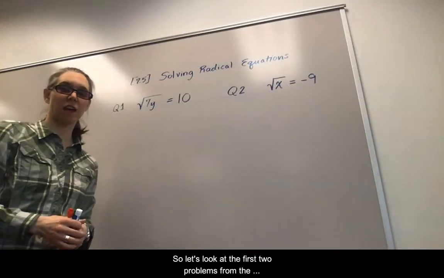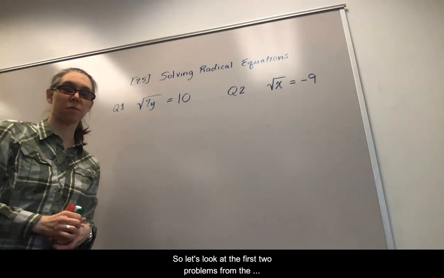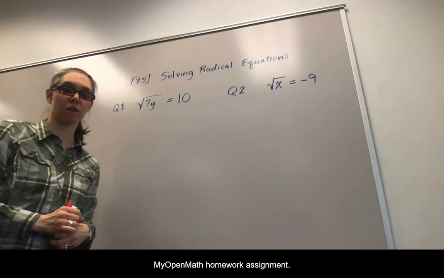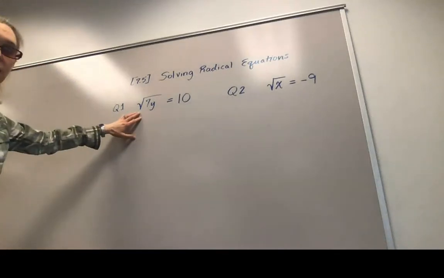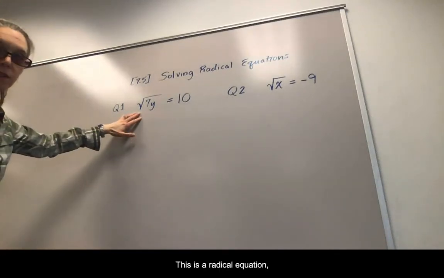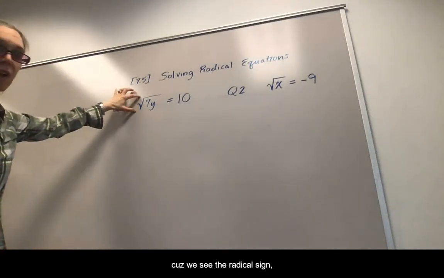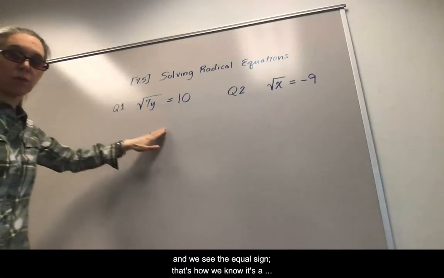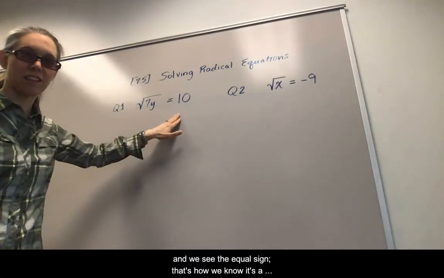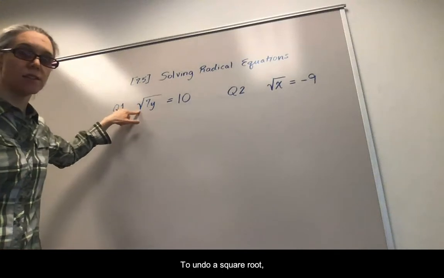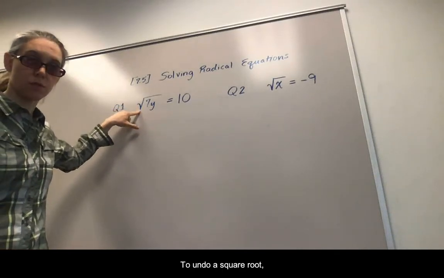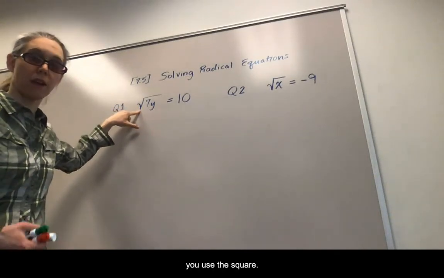So let's look at the first two problems from the MyOpenMath homework assignment. Question number 1. This is a radical equation because we see the radical sign and we see the equal sign. That's how we know it's a radical equation. To undo a square root, you use the square.